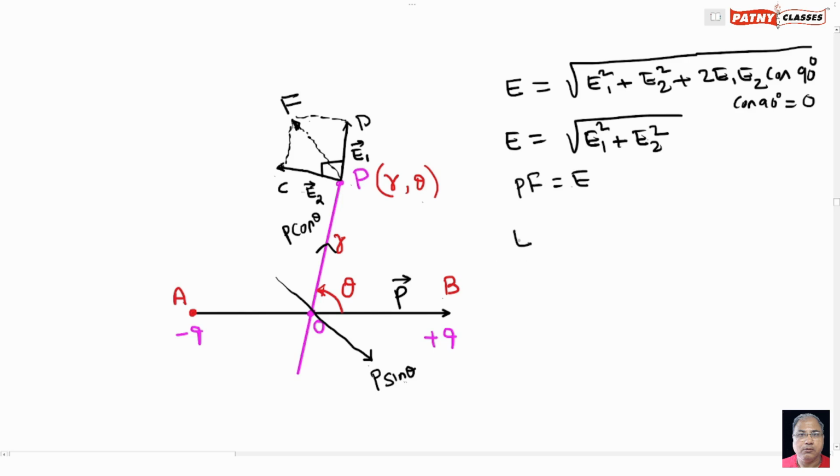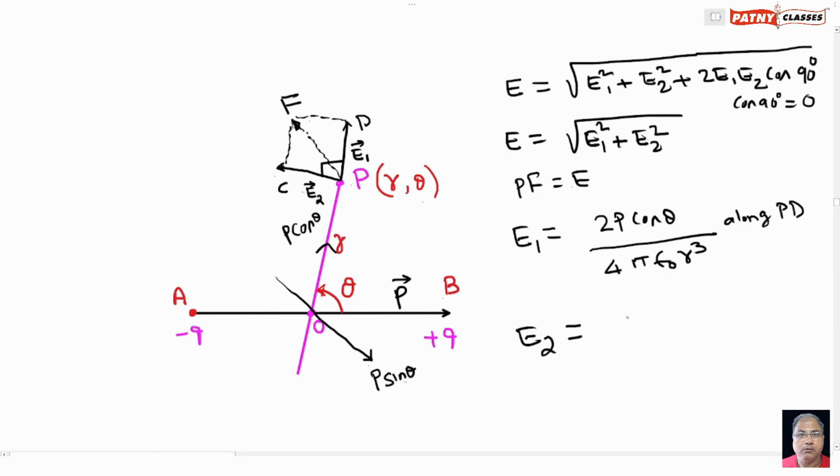Now E1 is the electric field intensity given by 2P cos theta divided by 4 pi epsilon naught r cube. This value is along PD. And E2 is P sin theta divided by 4 pi epsilon naught r cube, and that is along PC.